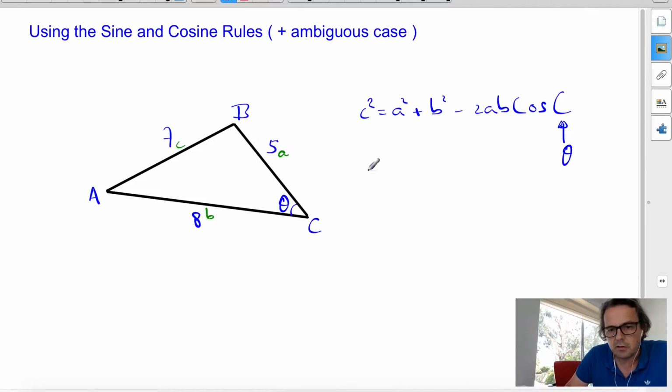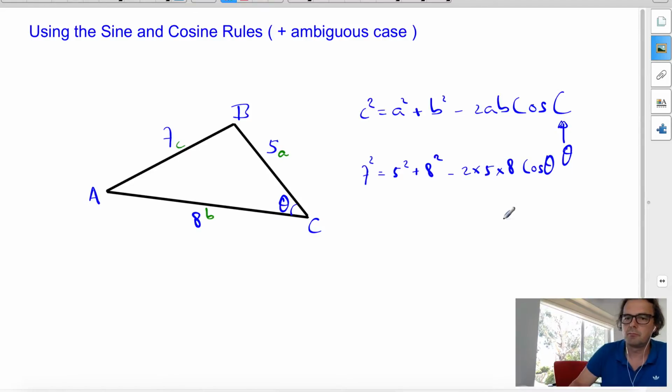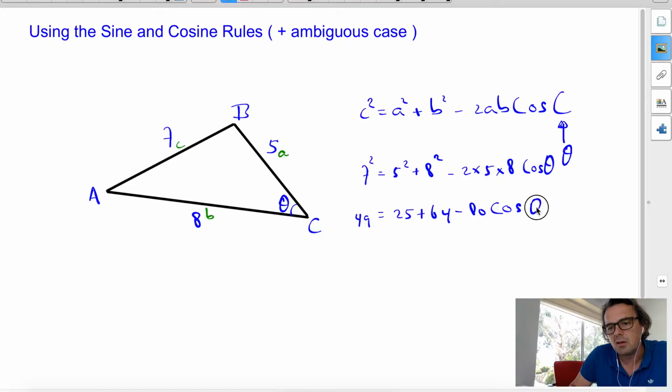So let's fill it out. So c squared, that's 7 squared, equals 5 squared plus 8 squared, take 2 times 5 times 8 cosine theta. Okay. 49 is 25 plus 64, take 80 cosine theta. 25 and 64 is 89.